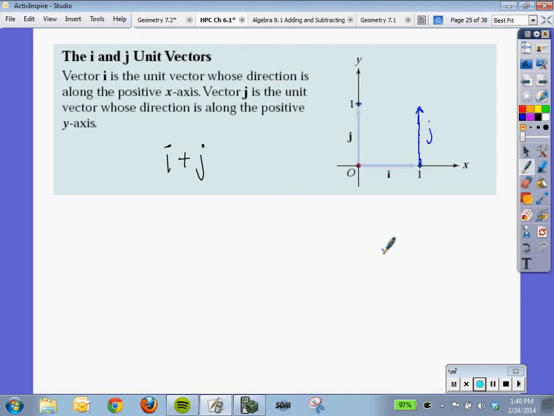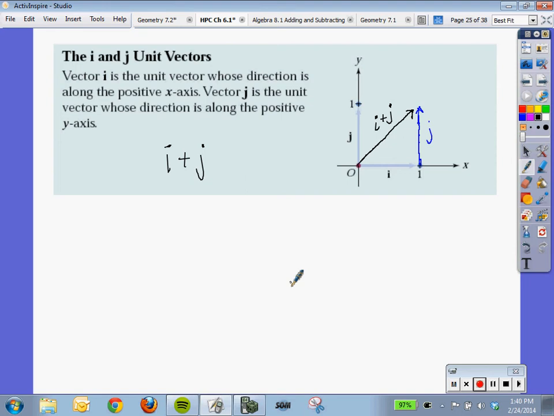You can move vectors all around and maintain their equality as long as you don't change the direction and the length, right? So the resulting vector when we add i and j is when we go from the initial of i to the terminal of j. This literally here is i plus j, right?